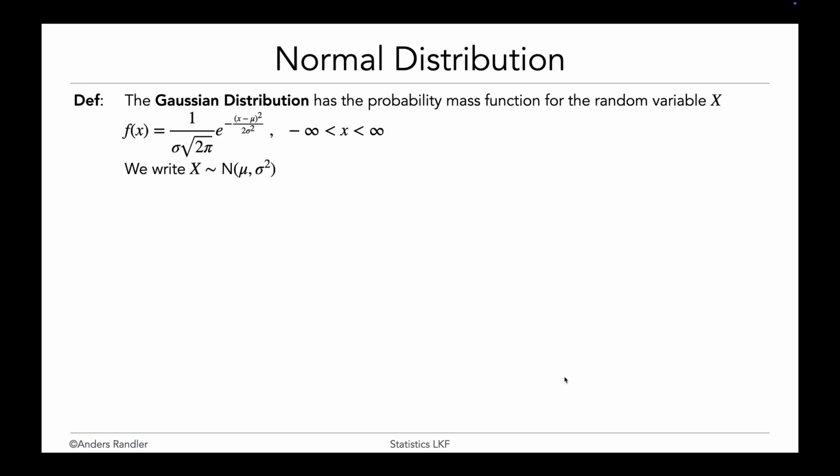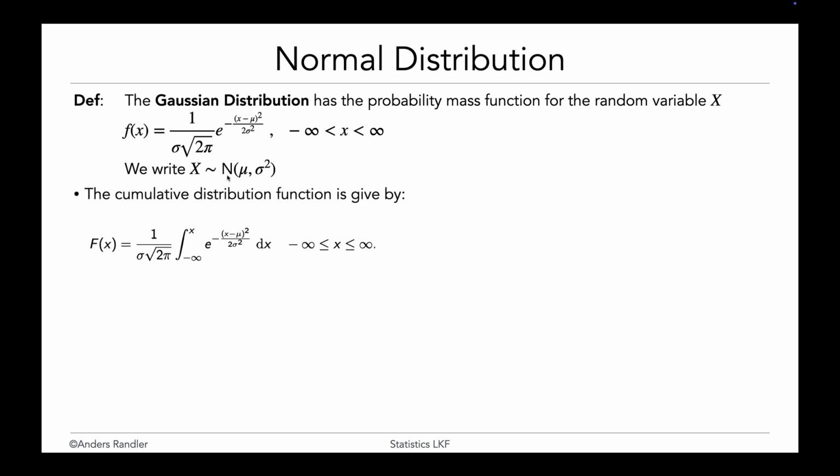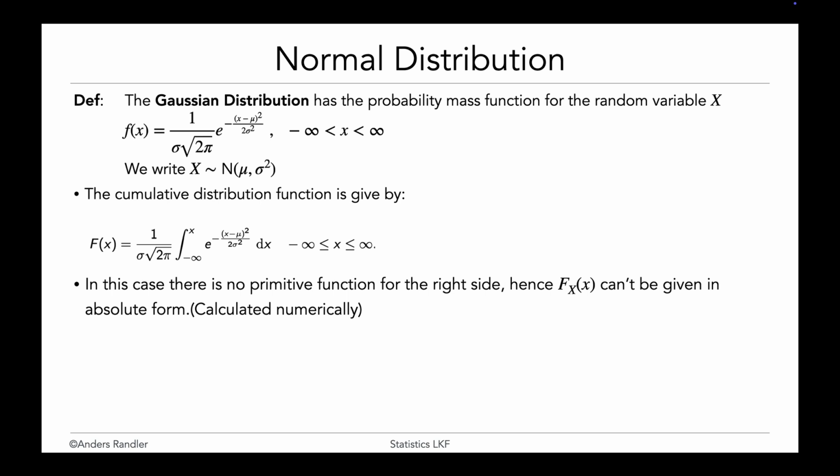Okay, so the Gaussian distribution has the probability mass function for the random variable looking like this, and we write it like this. That was what I said before. And the cumulative distribution function will be this. And you might wonder why haven't you evaluated this into something? Well, the strange part here is you can't find a primitive function for this one, so you can't actually calculate these.